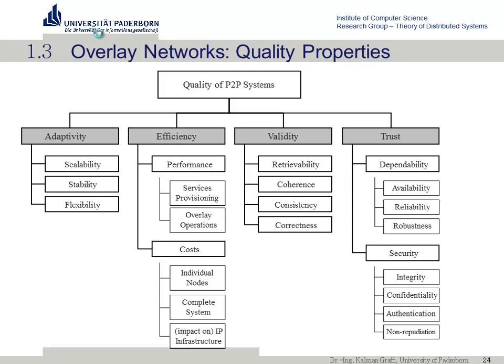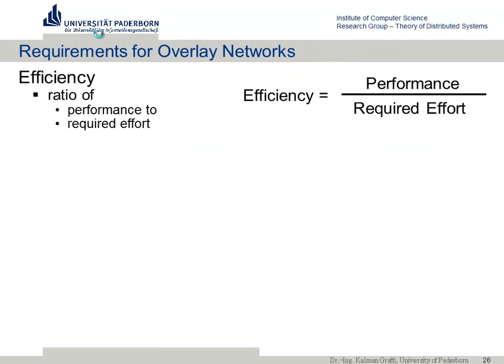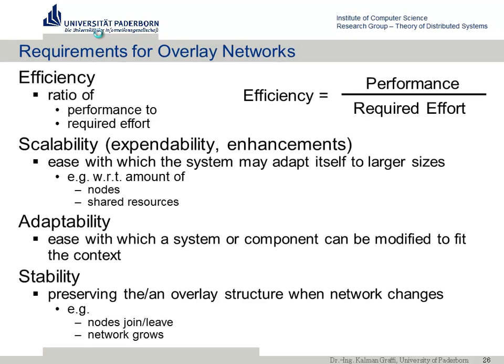Okay, the second-to-last slide for this lecture is on the quality properties. What should be taken into account, especially when building overlay networks? Adaptability means if you use your overlay in various conditions, so with many nodes, few nodes, strong nodes, weak nodes, various churn, how well does it cope?